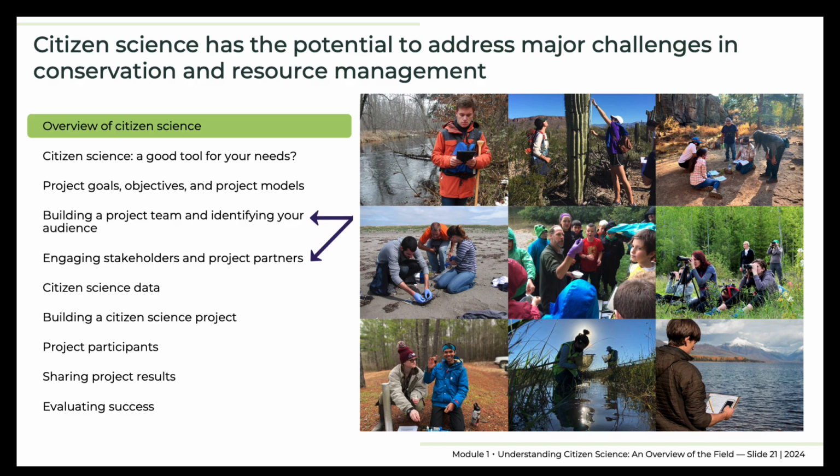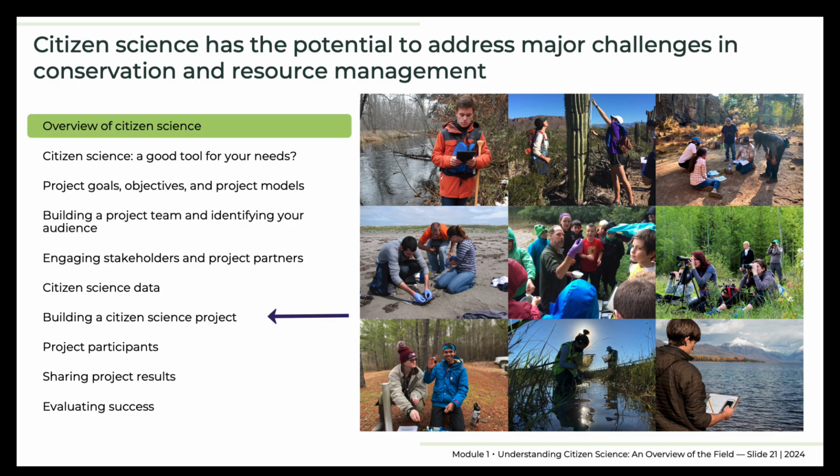Modules 4 and 5 discuss how to build a project team to develop a project and how to engage participants, stakeholders, and partners in carrying out a project. Module 6 delves into collecting and reporting data and designing appropriate surveys.